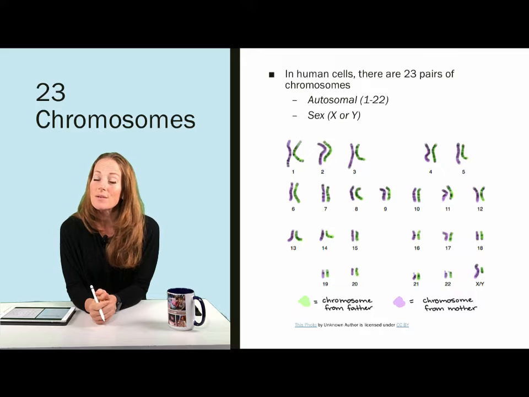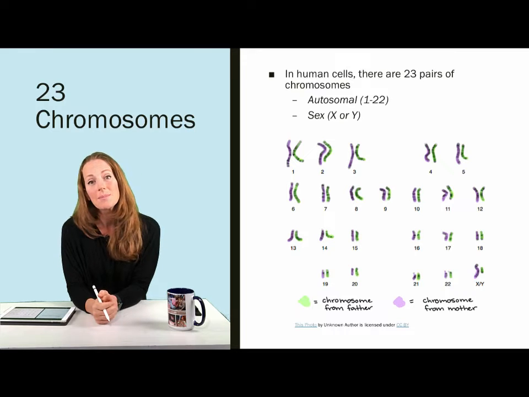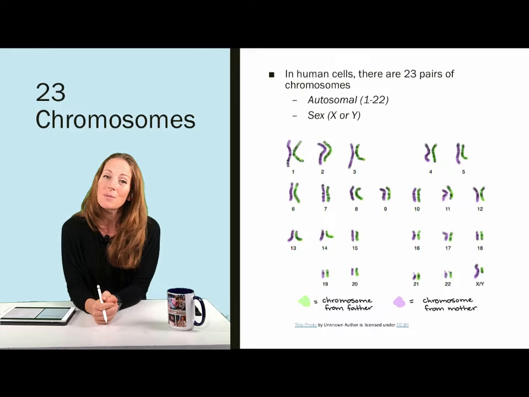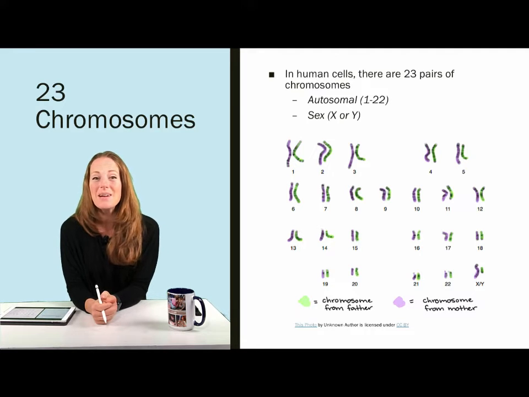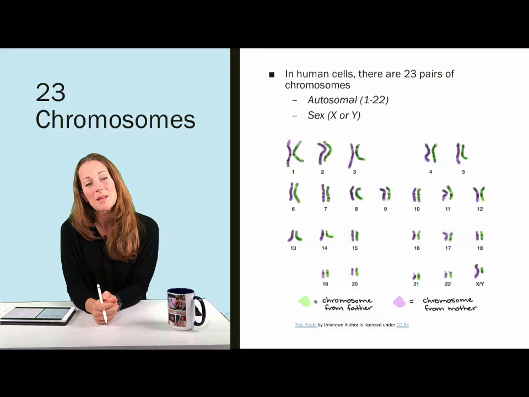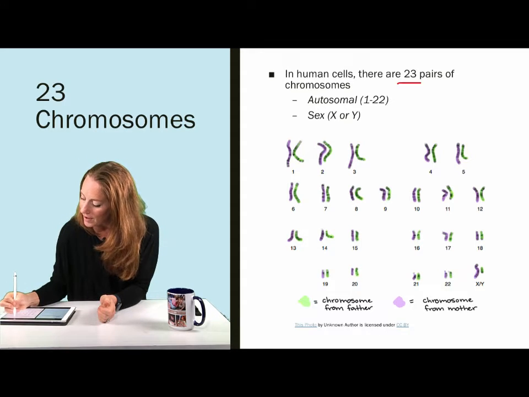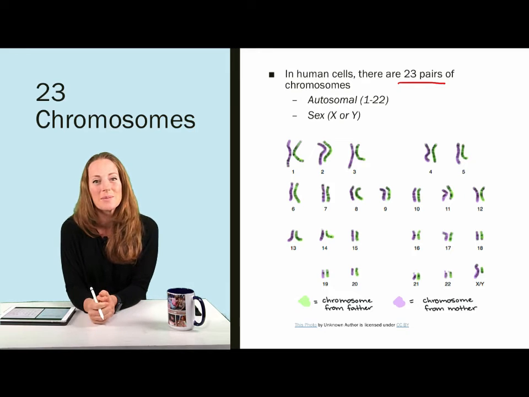So every nucleus has 23 types of chromosomes. We get one set of 23 chromosomes from our mother and one set of 23 chromosomes from our father. So we have 23 pairs of chromosomes, numbers 1 through 22 autosomal, and the X or Y.